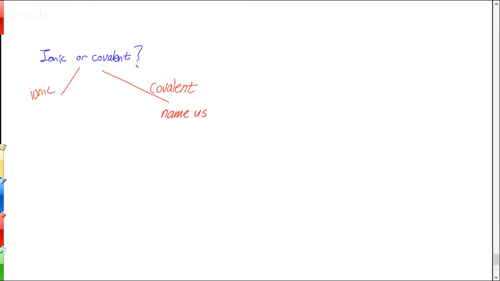We're going to name it using those prefixes like mono, di, etc. So you're going to say carbon dioxide or dinitrogen pentoxide, all those different ways that we just talked about. If it's ionic, we have one more choice to make.